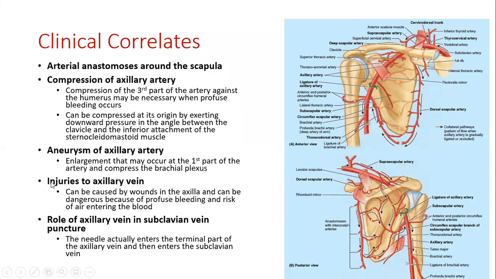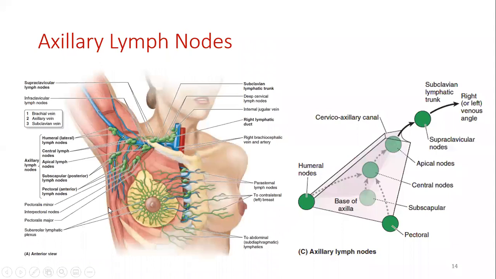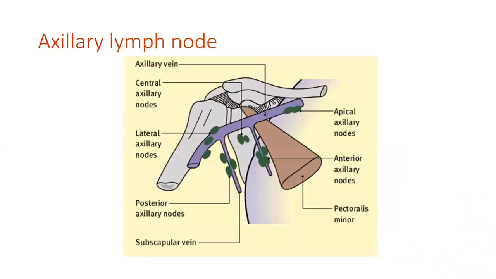Let's see. Injuries to the axillary vein can be caused by wounds in the axilla. It can be dangerous because of profuse bleeding and risk of air entering the blood. Okay, so your axillary vein, does he show it here? Sort of, but it's not labeled well. So, okay, here's your axillary vein.